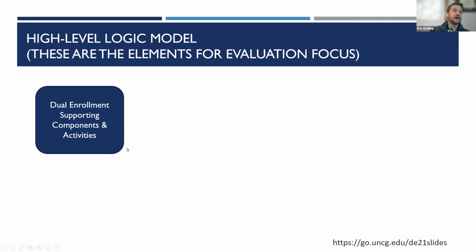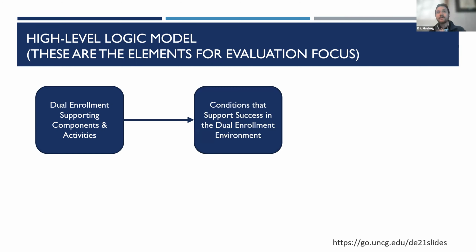One of the buckets that we're going to be looking at is the supporting components and activities. So what are the things that the K-12 system, the higher ed system, and the policy system are doing to enhance and create opportunities for students to access and be successful in dual enrollment? As we go from left to right, those are designed to support conditions that support success in that dual enrollment environment.